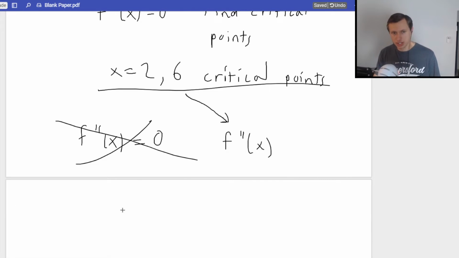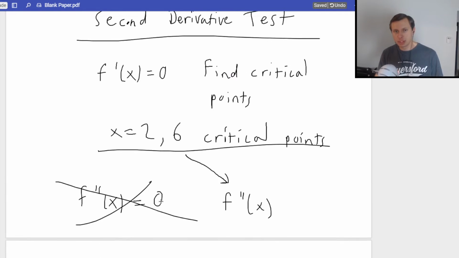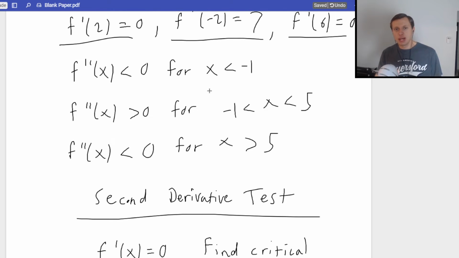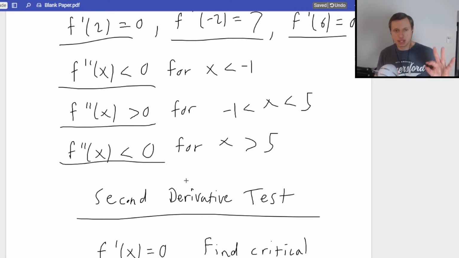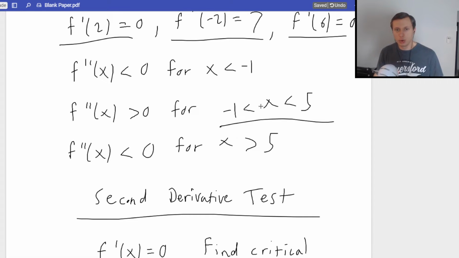What do I mean by that? Good question. So if I take f double prime of 2, for instance, I'm going to scroll up just for a second, and I say to myself, x equals 2. Which region is that in? Don't look at these values I just underlined, because those are the y values. I'm talking about the x values. X equals 2 is this region right here between 1 and 5. So the second derivative is positive.